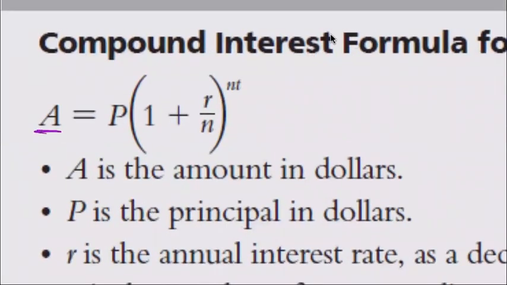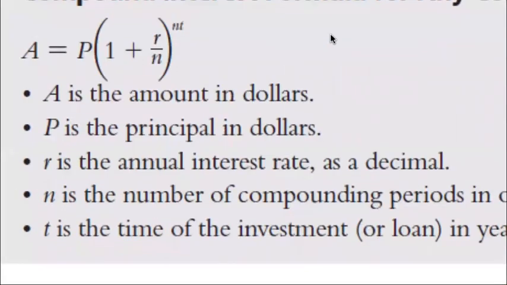A is still the amount of money that we have in the end, or owe in the end. It's a loan. Principal is the amount of money we start with. R is our interest rate divided by N, the number of compounding periods, raised to the power of N, our compounding periods, times time. Okay, so our formula is a little bit more complicated.